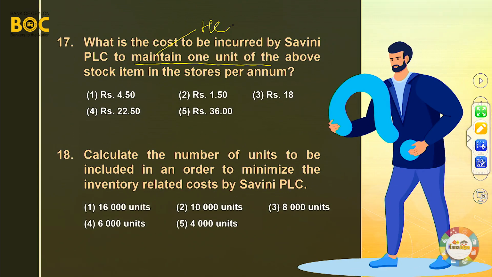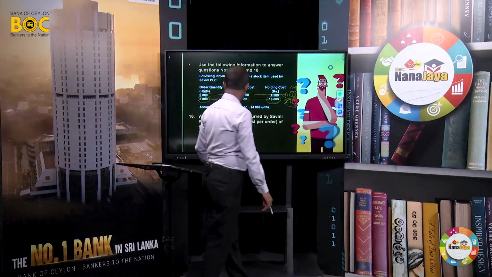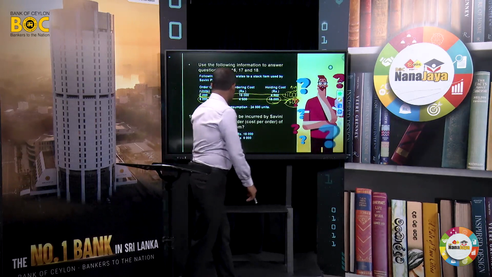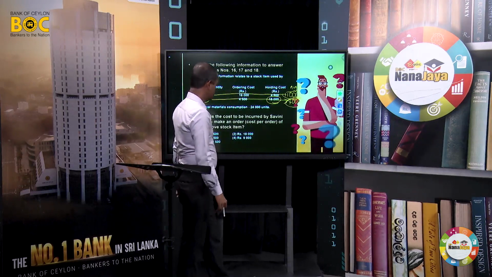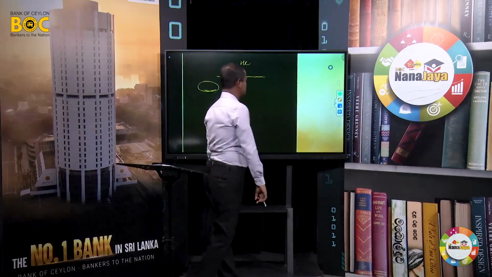The holding cost per unit, how much? 4 rupees and 50 cents. Previously we calculated the cost per order, 1500, then the holding cost per unit, 4 rupees and 50 cents.